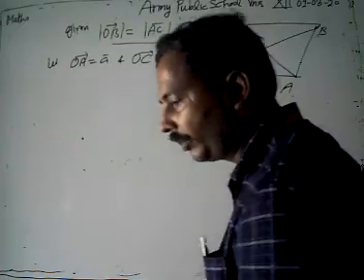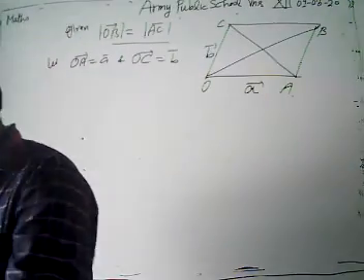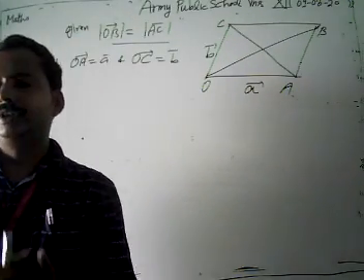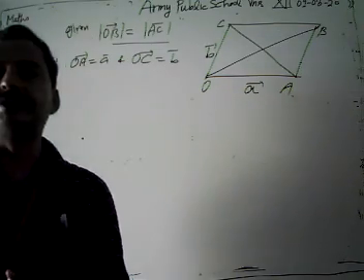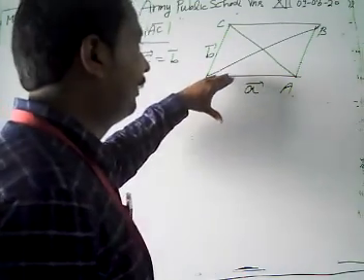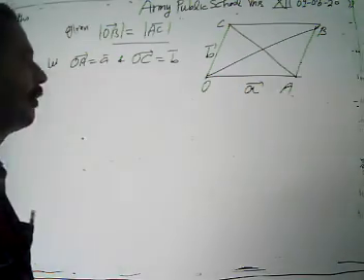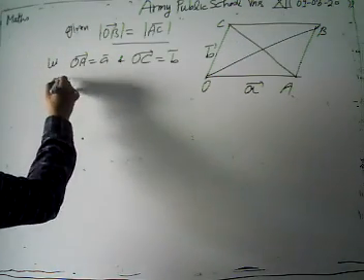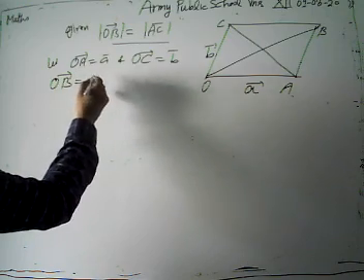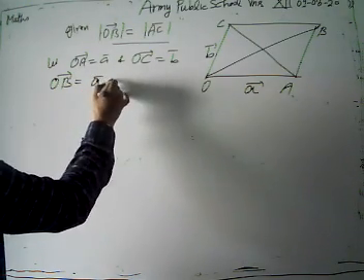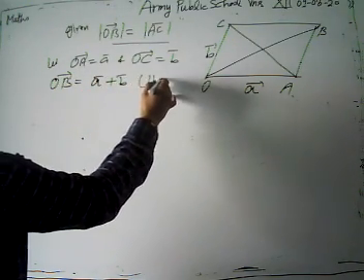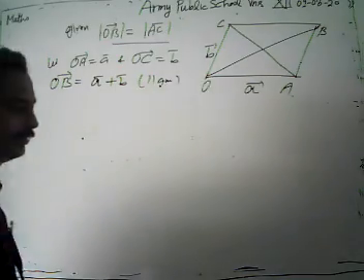We have two laws of addition in the vector method: one is the triangle law of addition, and the second is the parallelogram law of addition. When we apply the parallelogram law in triangle OAB, we get OB as vector A plus B by the parallelogram law of addition.